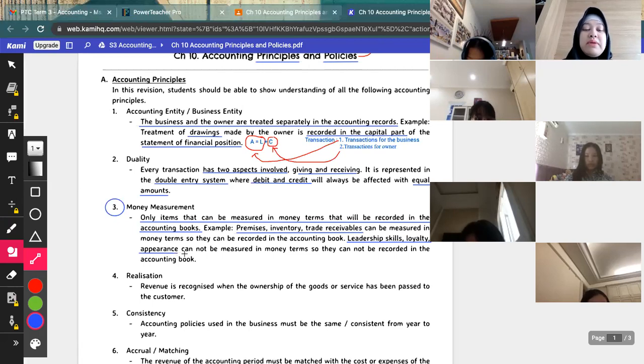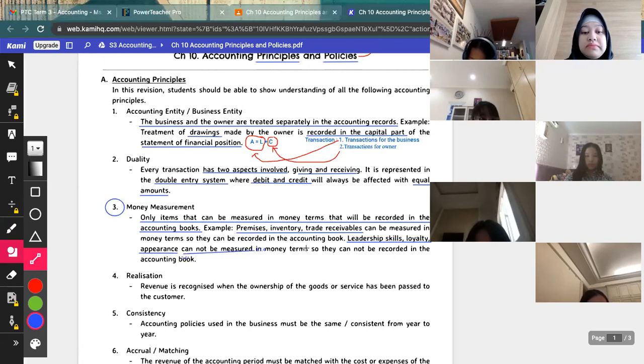But you cannot put appearance in our accounting books. We cannot measure it in money terms.